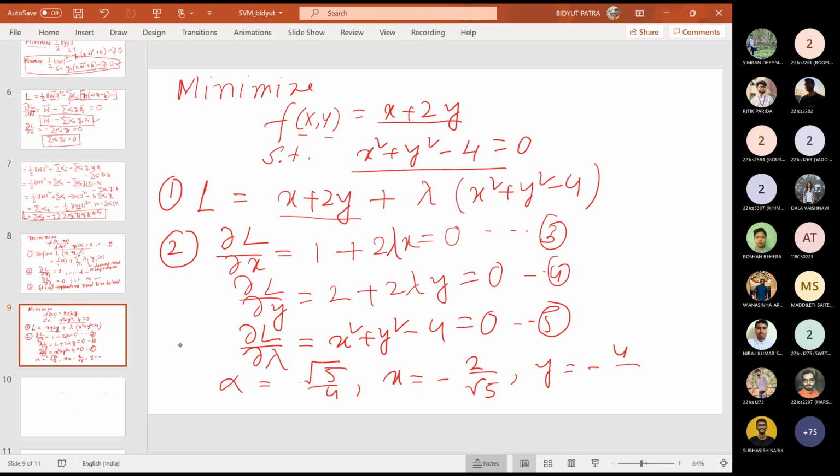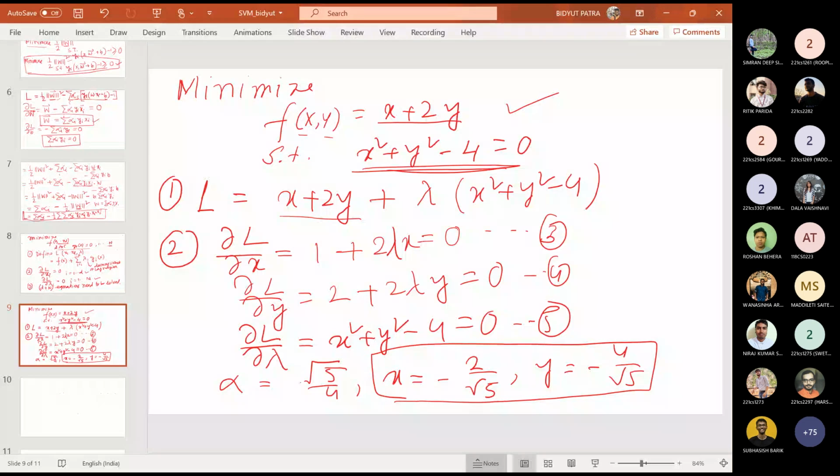And if you put these variables x and y, you will get the minimum value here, because with this constraint this should be 0. So this is the way that you can solve one optimization problem, but the condition is that this should be an equality constraint. Now we learn what to do if there is some inequality constraint.